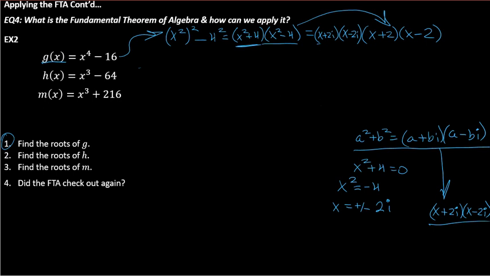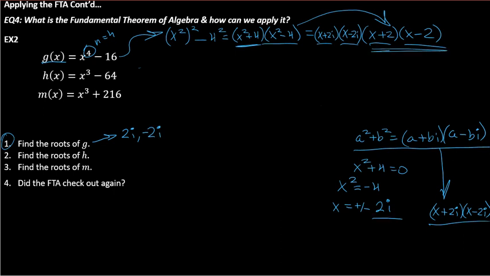So I have 1, 2, 3, 4 linear factors, and lo and behold, n equals 4. So that's just further proof of the fundamental theorem. So I should have 4 roots, right? So two of the roots are going to be 2i, negative 2i, right? We saw that here.